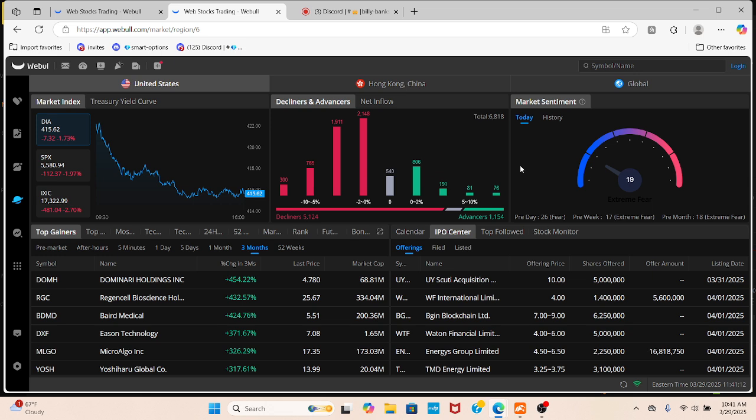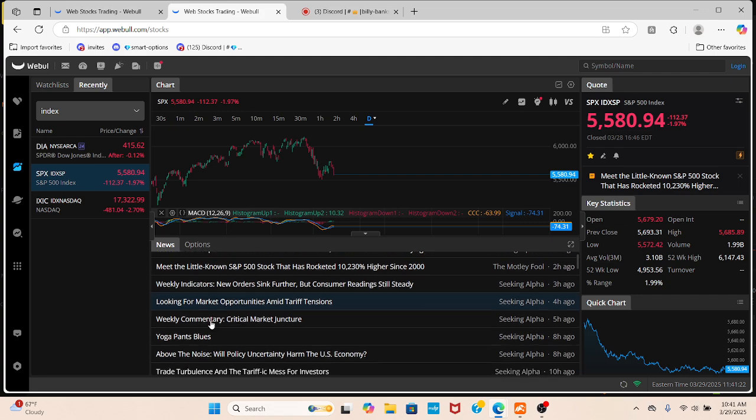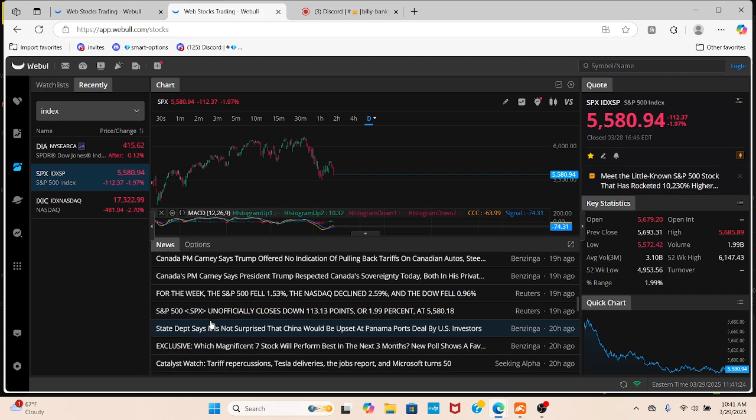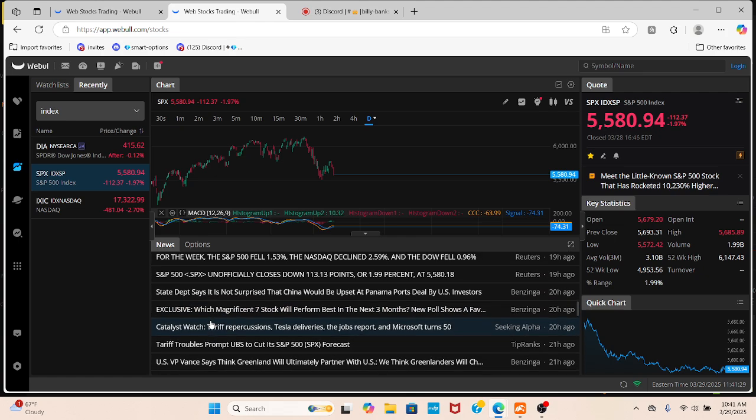Now that you understand what controls the market in the morning time, you need to be looking for the futures news. It looks something like this. Look for the S&P 500.